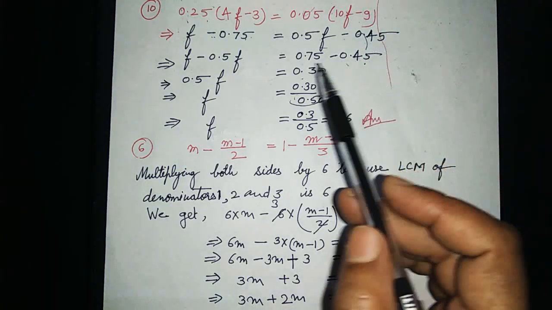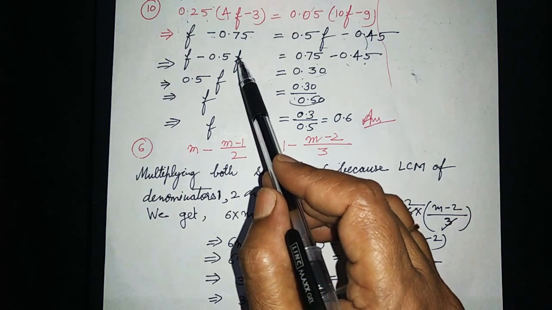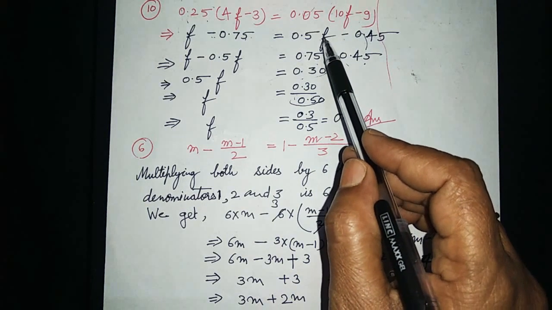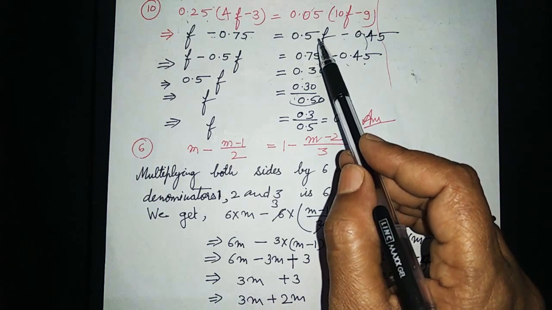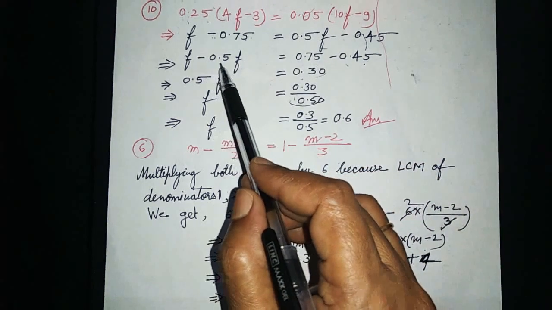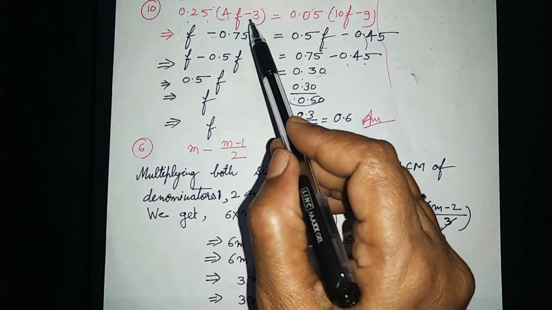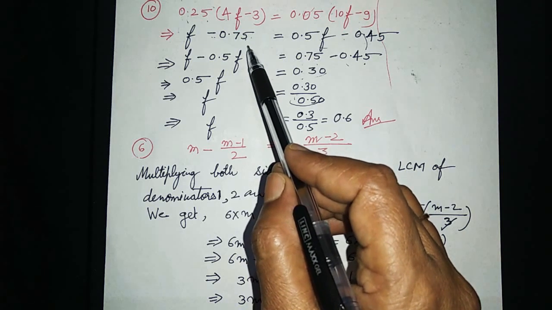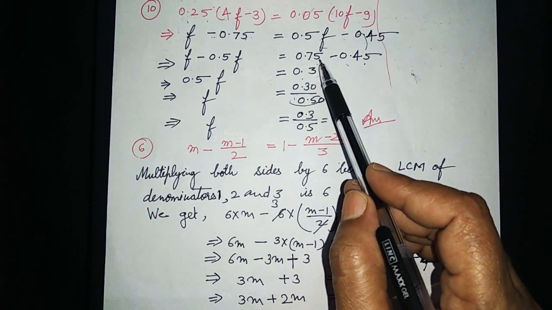And after this step, f minus 0.5f I have written. So how is it coming? You can see 0.5f is there on the right hand side. We will transpose this to the left hand side. So plus 0.5f will be minus 0.5f, and from the left hand side we will transpose minus 0.75, and after transposing, minus 0.75 on the right hand side it will be 0.75.